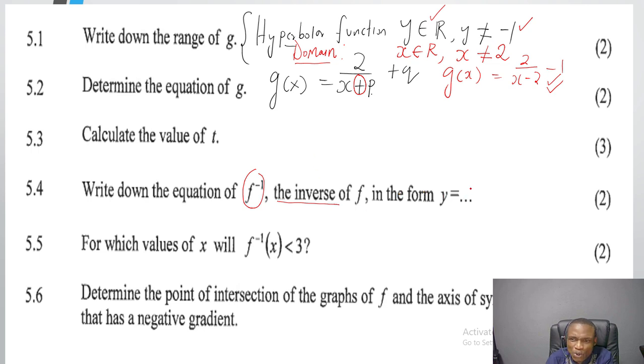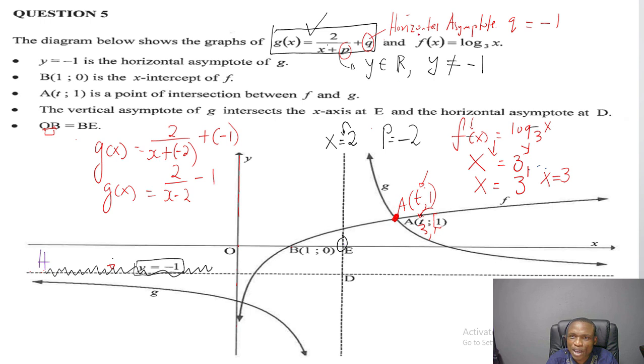So the first thing that we're going to do, we're going to write this function f down. What is f? f of x equals log of x base 3. This is f. f equals log x base 3. Here it is. Now they want the inverse of f.